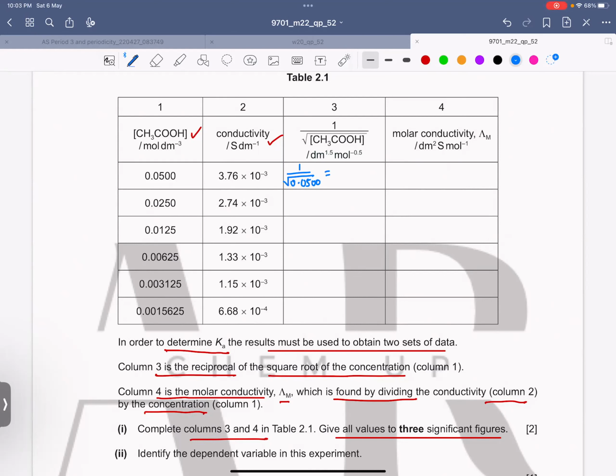They have told you 3 significant figures, so 4.47. Next one. 6.32. Next one.